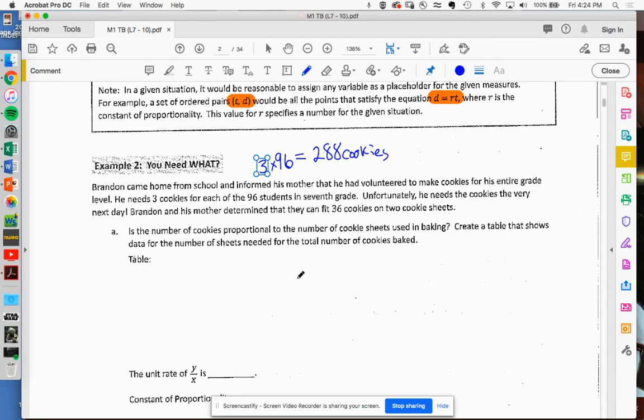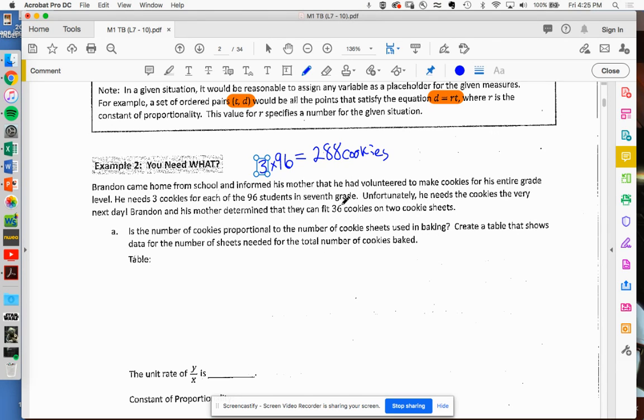Okay. So is the number of cookies proportional to the number of cookie sheets used in baking? They give us one setup here, that 36 cookies fit on 2, so we're going to assume, yes, it's proportional. Now we need to make a table. We need to determine what depends on what. The number of cookies you can make depends on how many cookie sheets you have. Does that make sense?